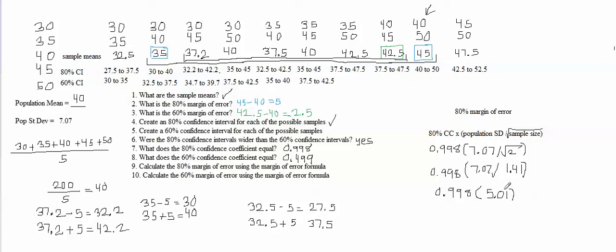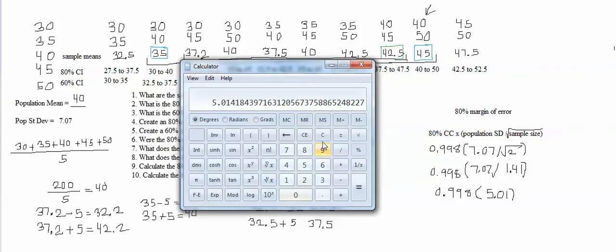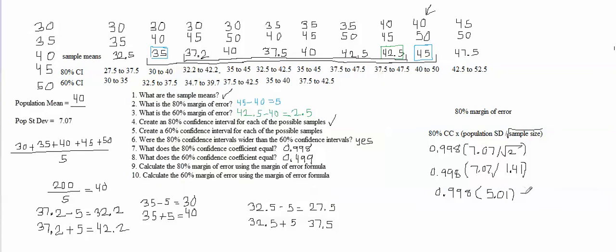Now let's multiply, because all this is saying is this number times this number. 0.998 times 5.01 is 4.999, which is pretty much just 5. It rounds off to 5, so we get the same answer that we had before. We just calculated the 80% margin of error using a different method.